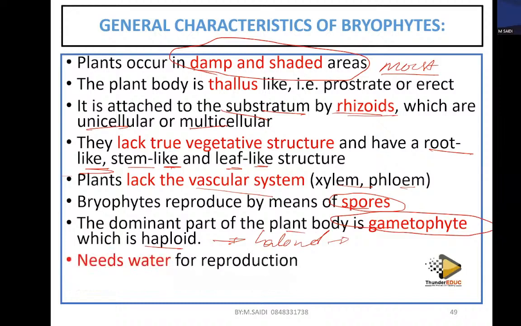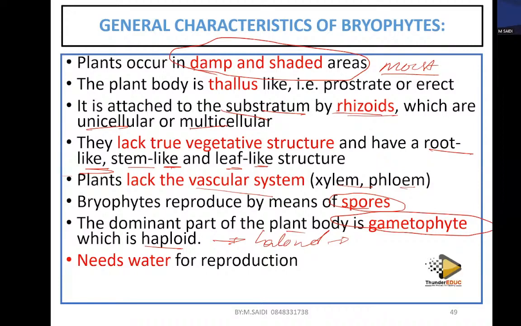Then we say that it needs water for reproduction. This is another characteristic which shows that this plant is still primitive. Because these plants came from water, from a common ancestor, algae, yes? They still have more characteristics of water than of land.